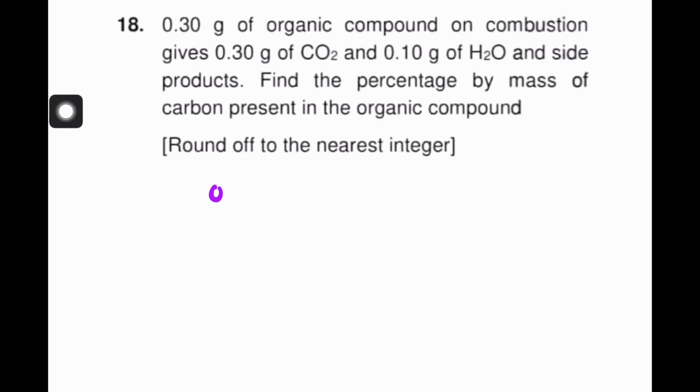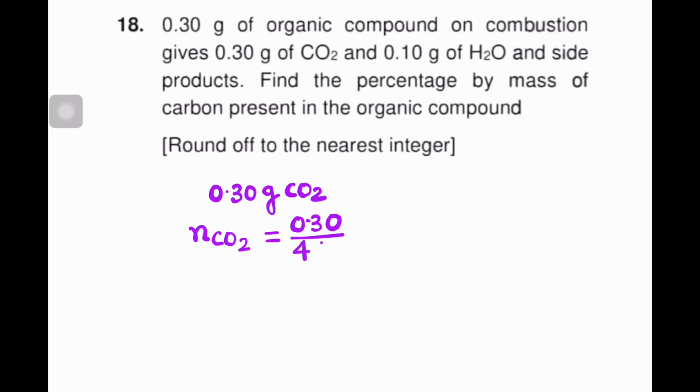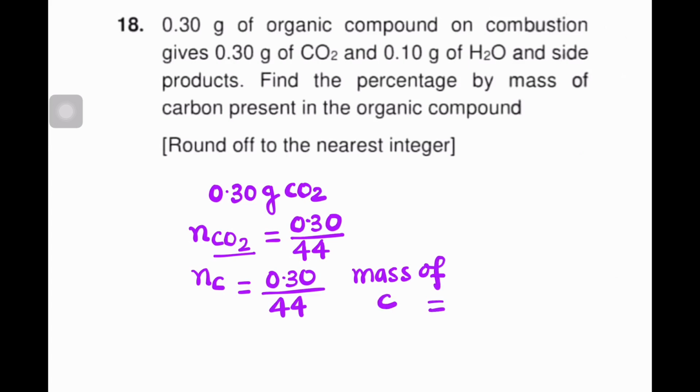The amount of CO2 is 0.30 gram, so the mole of CO2 is 0.30 by 44. Then the mole of carbon will be the same as that of CO2, because in one CO2 molecule there is one carbon atom.